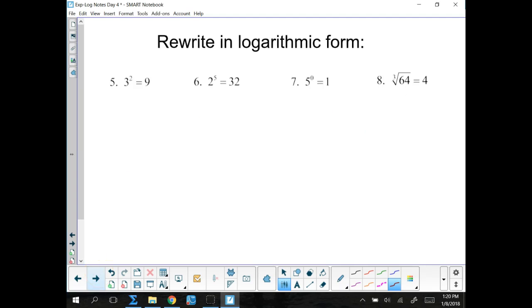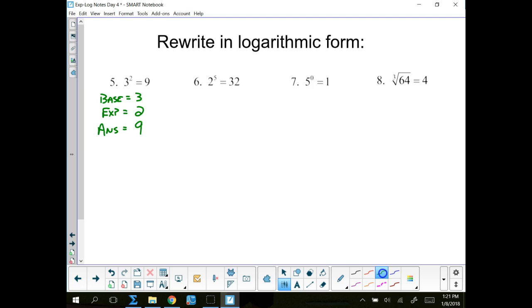Now, let's go the other way. So now, my base here would be 3. My exponent is going to be 2. And my answer is going to be 9.